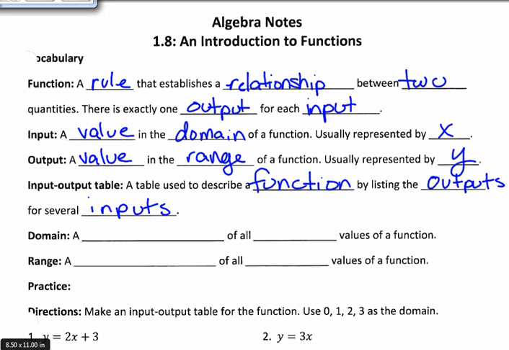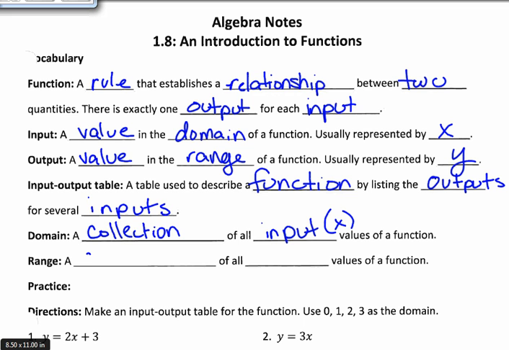Our last words are domain and range. So what exactly is the domain and the range? The domain is a collection of all input values. Again, listed above, we usually call those x.